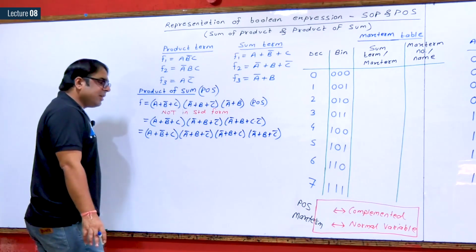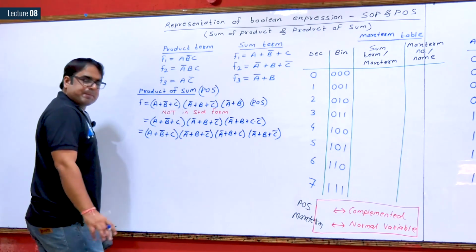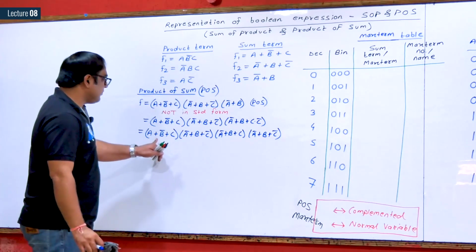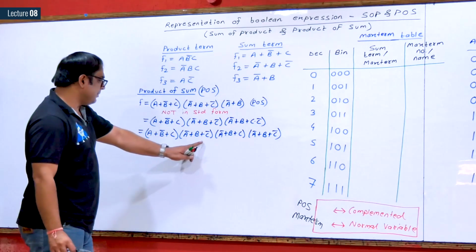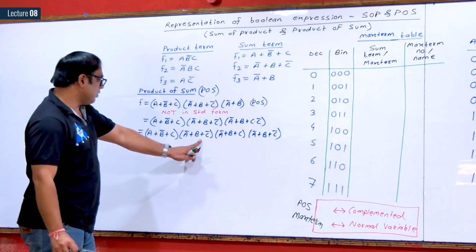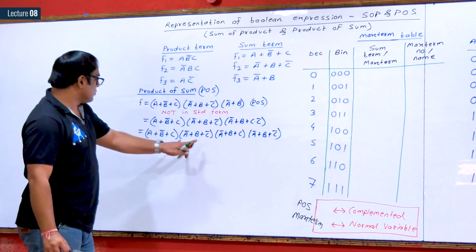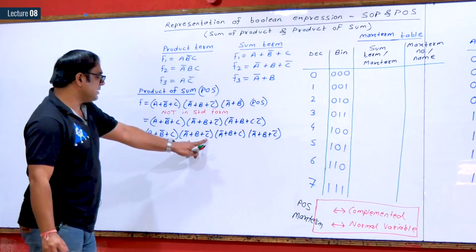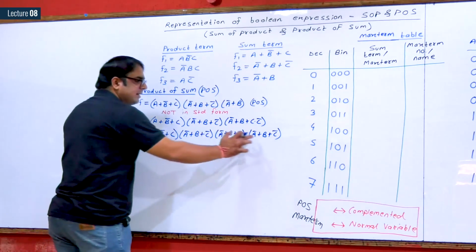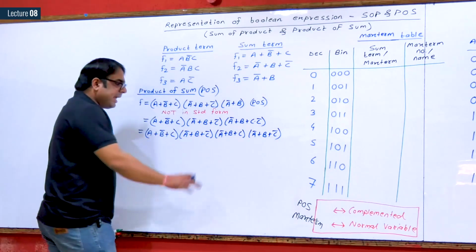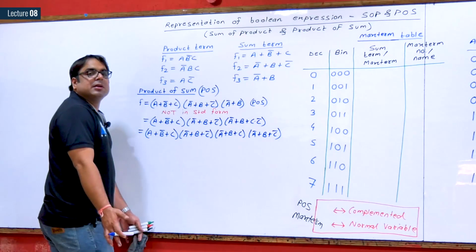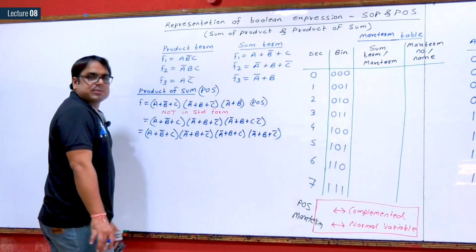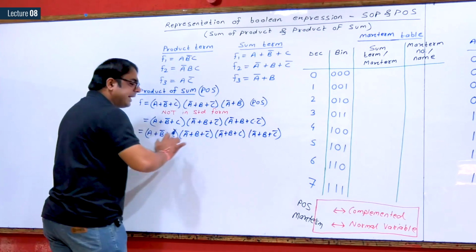Now you have to check if any term is repeating. So just let me check. A plus B complement plus C, A complement plus B. Okay, see this one. This term and this term are repeating. If any two terms are repeating, no need to write it two times.